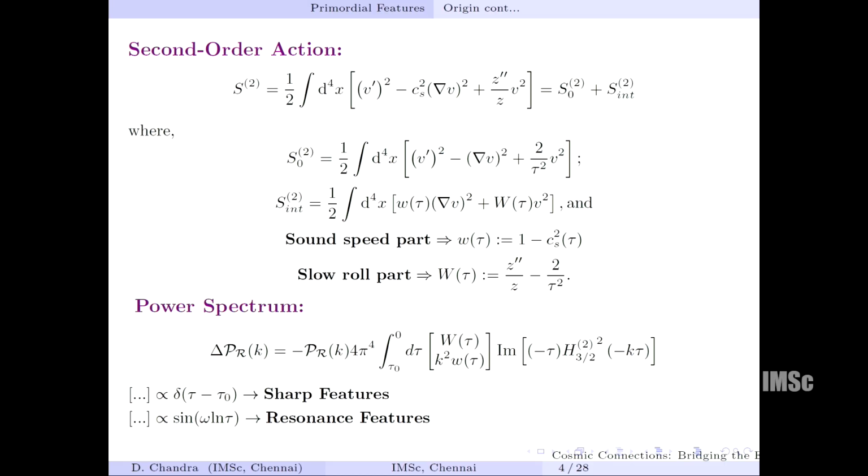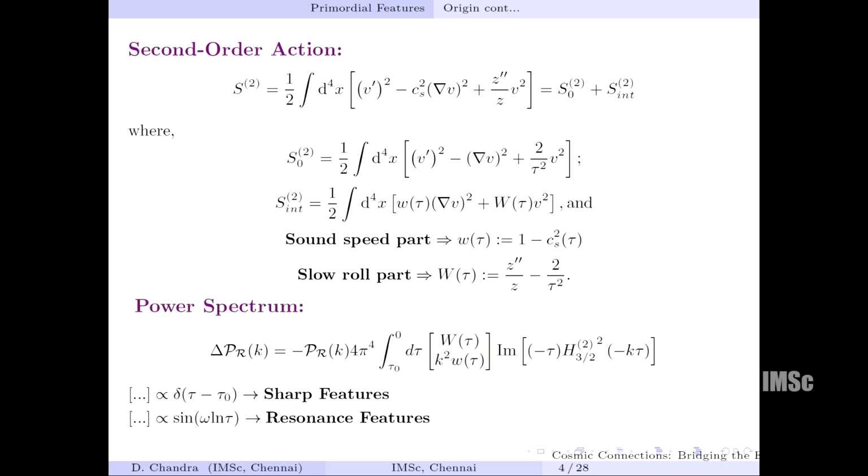For any generic model, if we consider that Cs deviates from 1 and z double prime by z deviates from 2 by tau square, and we parameterize these two deviations with two new parameters and calculate the primordial power spectrum, then we will see a correction which looks like this, on top of the power law form.